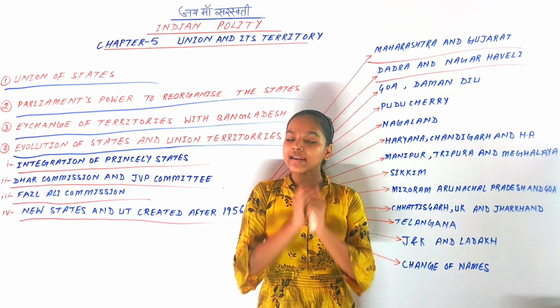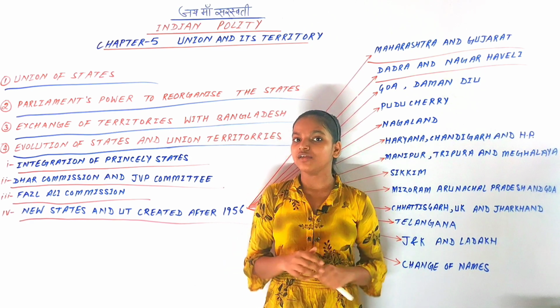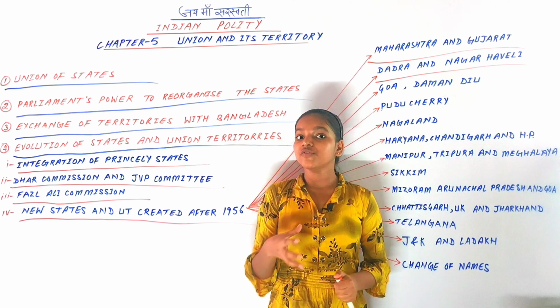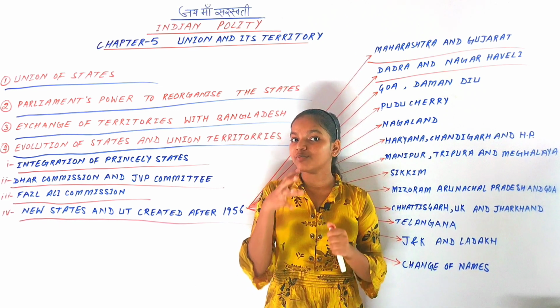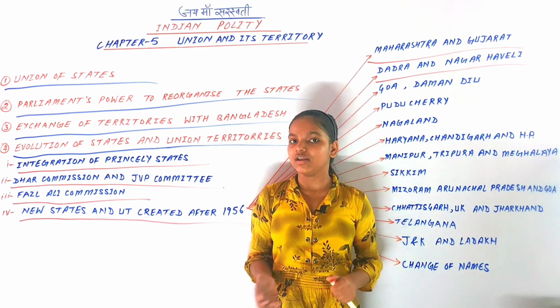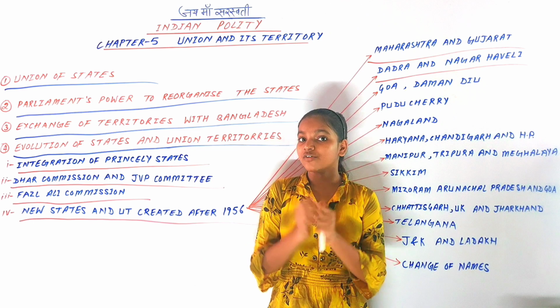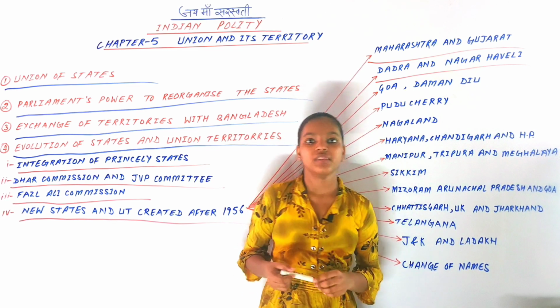After that, by the 10th Constitution Amendment Act of 1961, this territory was acquired by India and given the status of a Union Territory. So in 1961, Dadra and Nagar Haveli became a Union Territory of India.